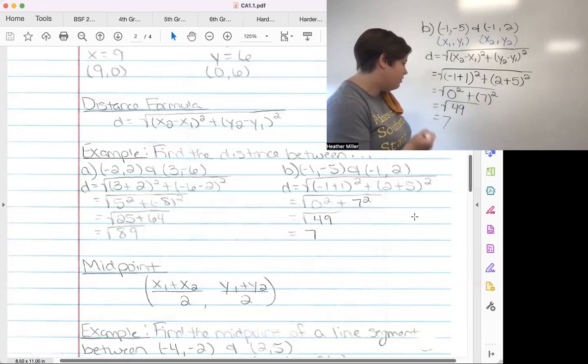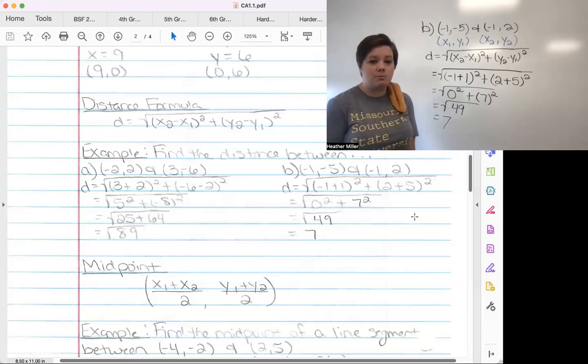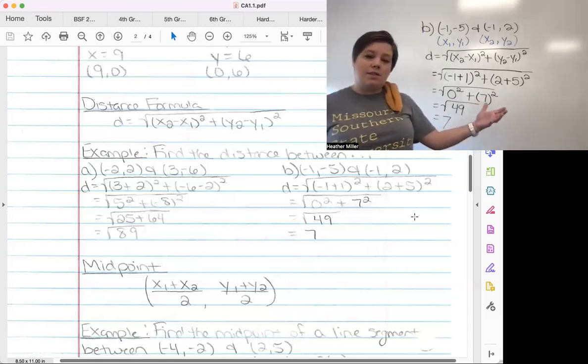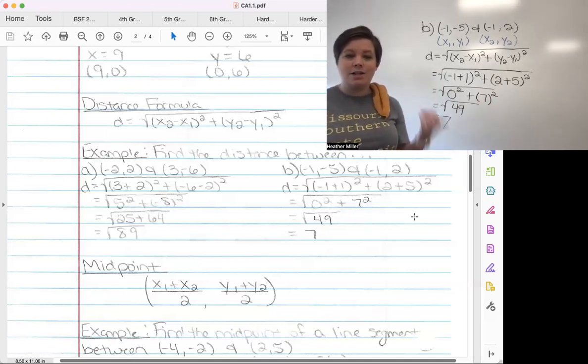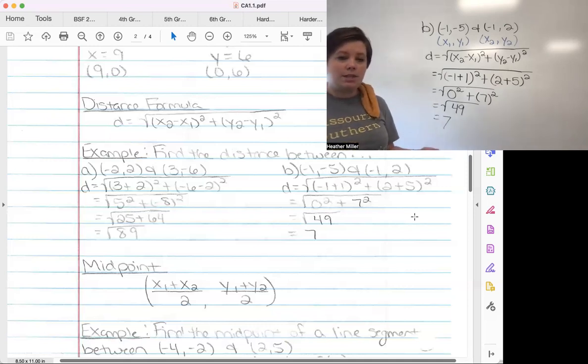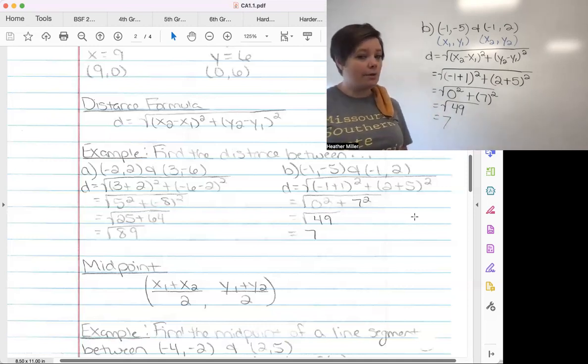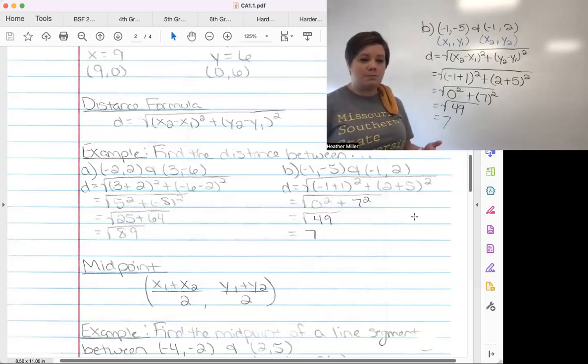Now, some of you, hopefully, are pausing and saying, well, the square root of 49 is plus or minus 7. And you are correct, because if I take -7 times -7, I do actually get 49. So when you take the square root, you do typically think about having both a positive and a negative solution. However, this is a distance problem.